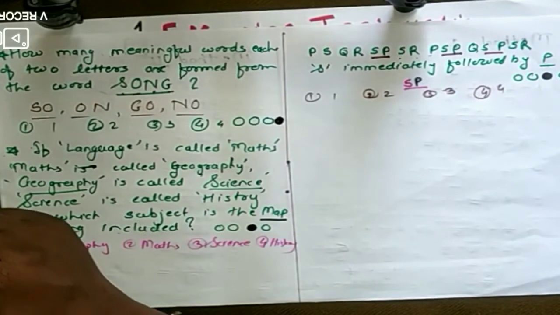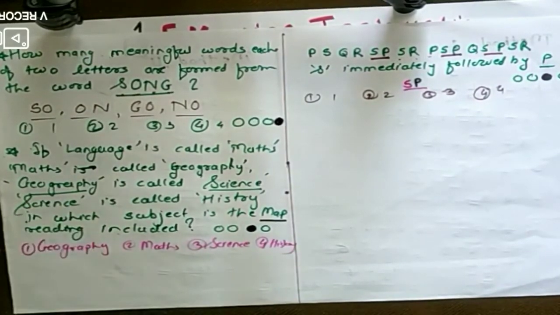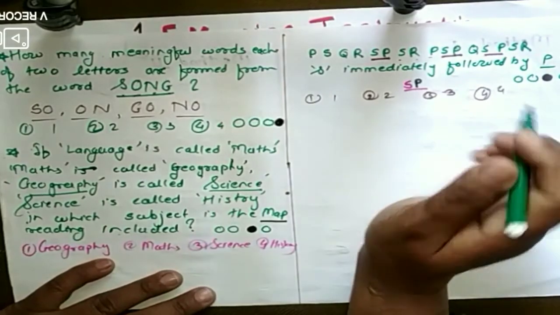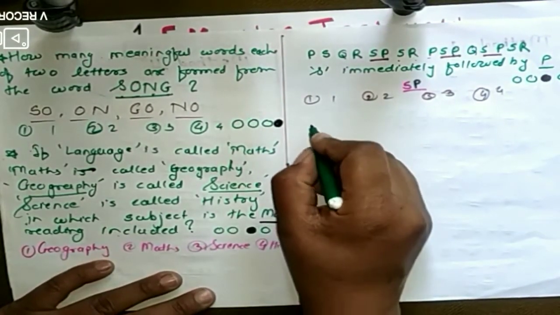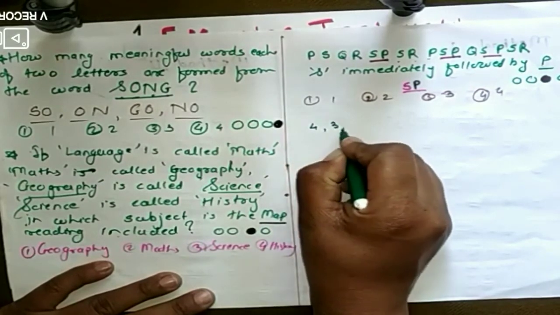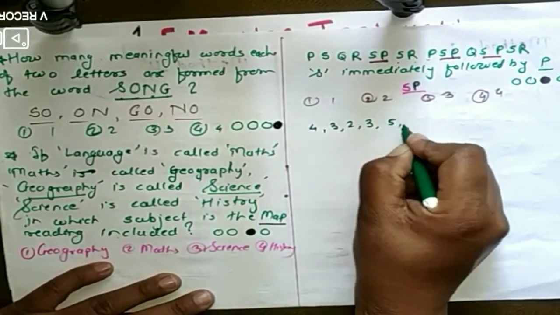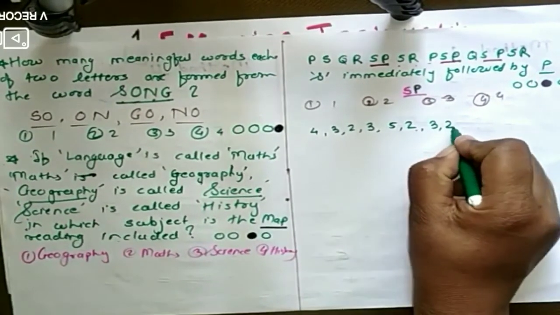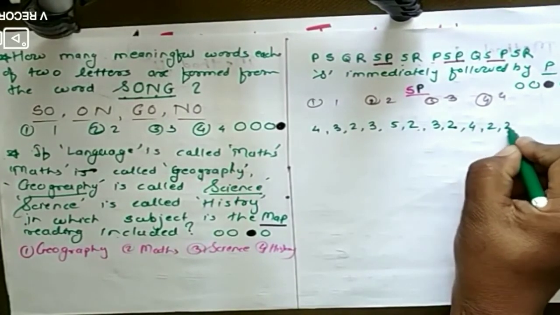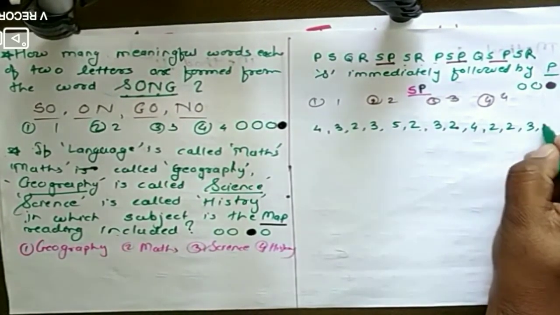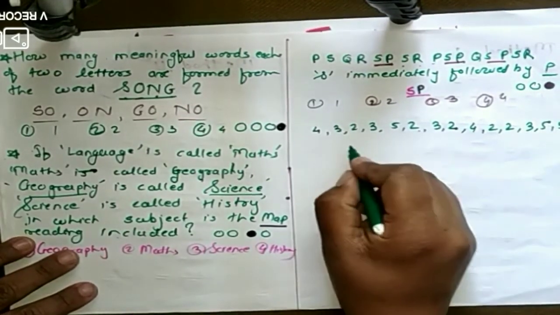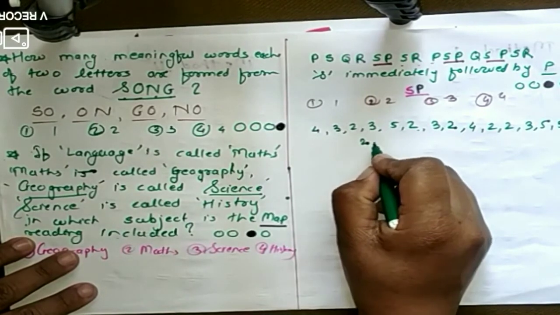Some more examples we will see. Followed by means we have to find out how many times SP came. Now sometimes they give numbers. So I will write the numbers here: 4, 3, 2, 3, 5, 2, 3, 2, 4, 2, 2, 3, 5, 3, 3, then 2, 3, 4.